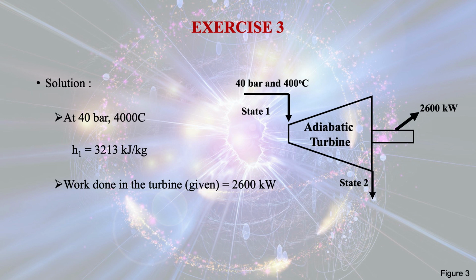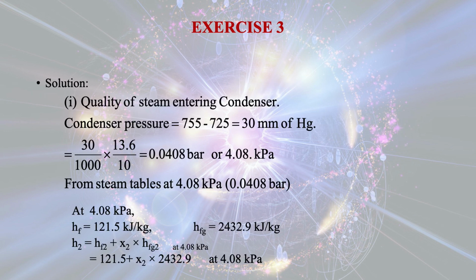Now let us proceed to solve this problem. Quality of steam entering the condenser. This is the first part of the numerical. Condenser pressure is equal to 755 minus 725 equal to 30 millimeter of mercury, that is equal to 30 divided by 1000 multiplied by 13.6 divided by 10, because we know very well that pressure is equal to rho g h.